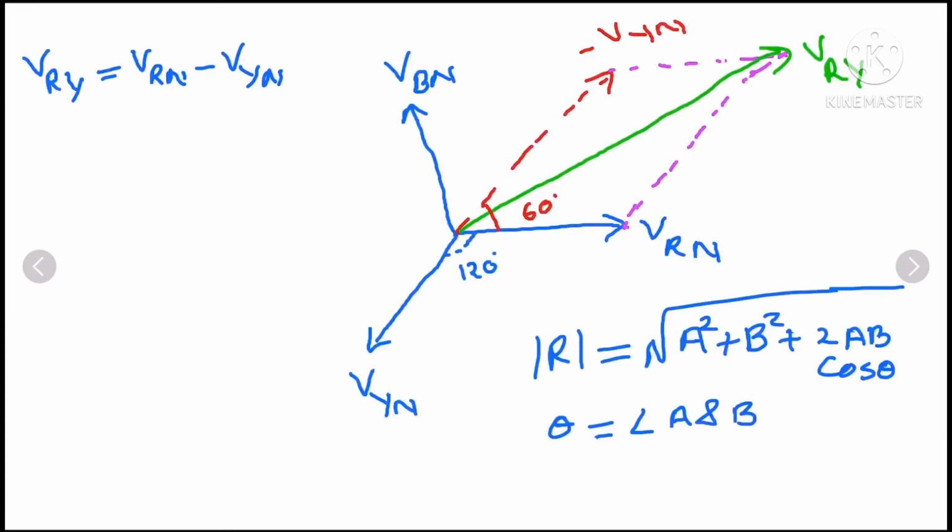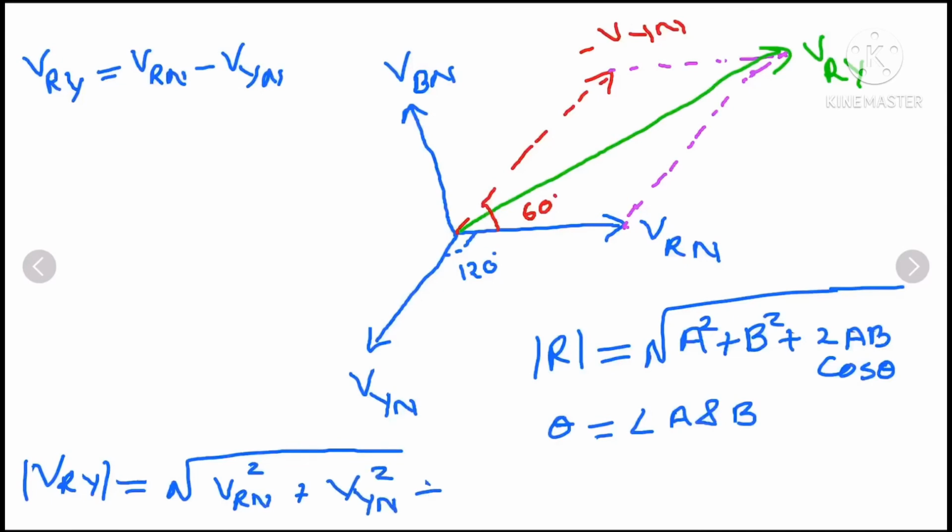So we have the same thing. VRY is your resultant, and here we are going to consider only the magnitude, remember this. Our components are VRN squared plus VYN squared plus 2 VRN into VYN into cos 60.